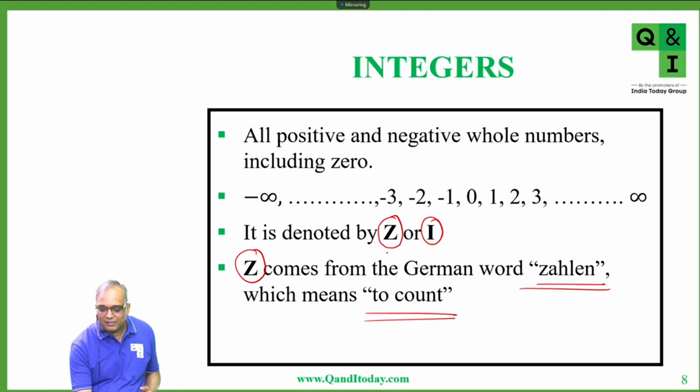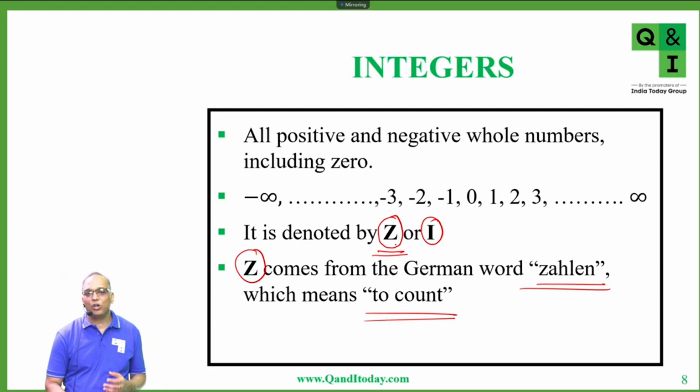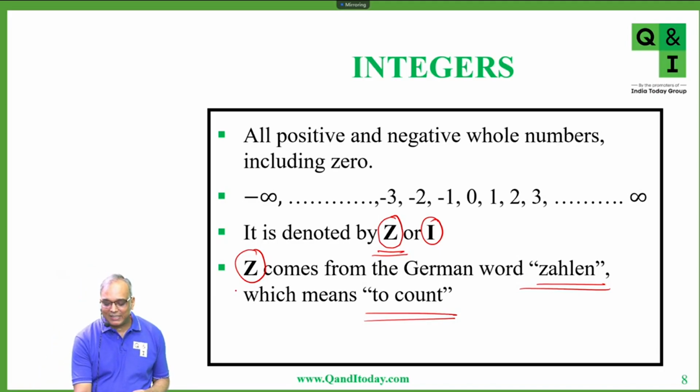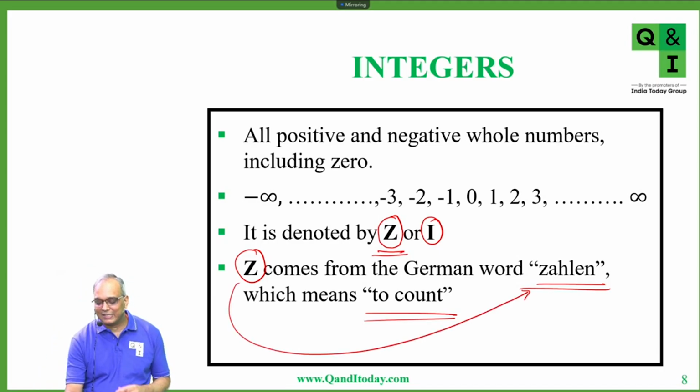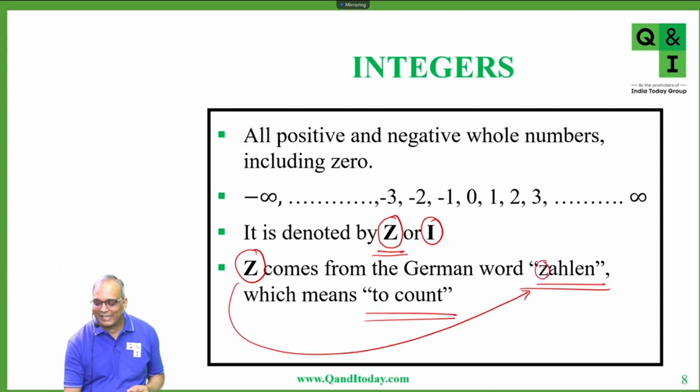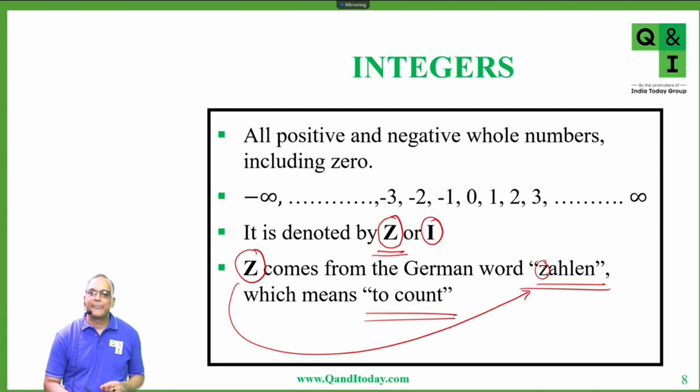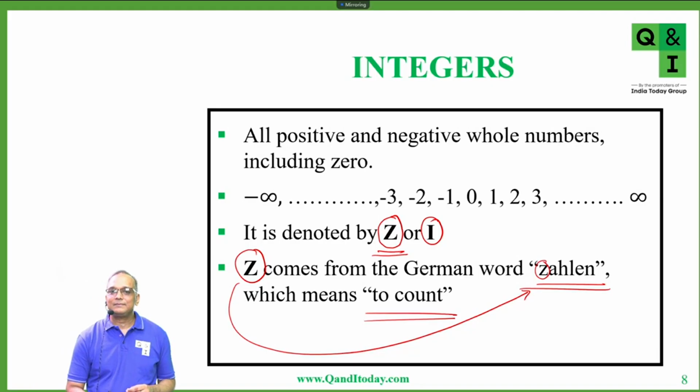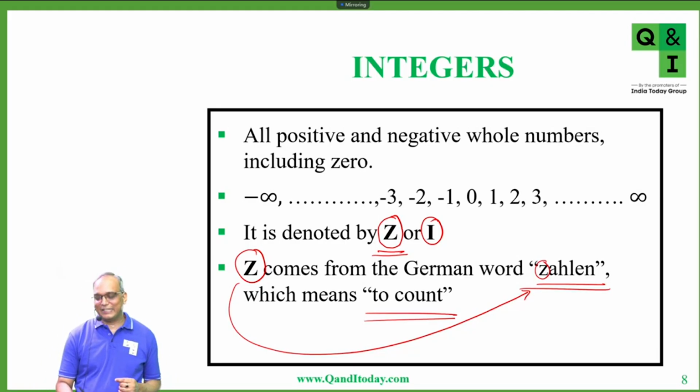What is prevalent is that the whole world uses capital Z. All mathematicians use capital Z to represent integers. That is because capital Z comes from the word Zahlen, which means to count, and Zahlen has Z as its initial. Is it clear? Yes, sir. So this is one fact we studied today.